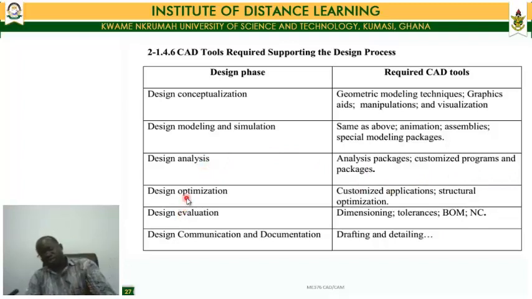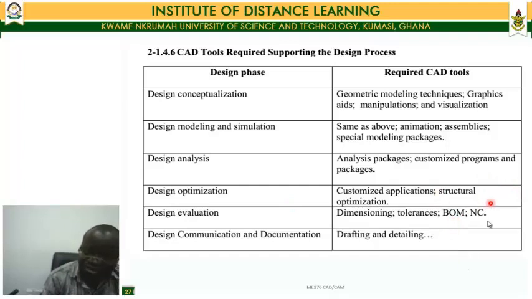And then when it comes to optimization, you need customized applications to actually do some structural optimization. Design evaluation, you need dimensioning, tolerances, bill of materials, and then you may need some NC program. And for design communication and documentation, you'll be doing detailing, drafting processes.